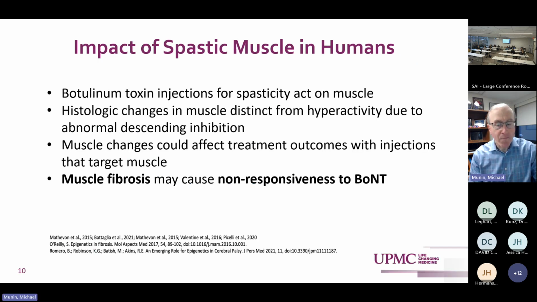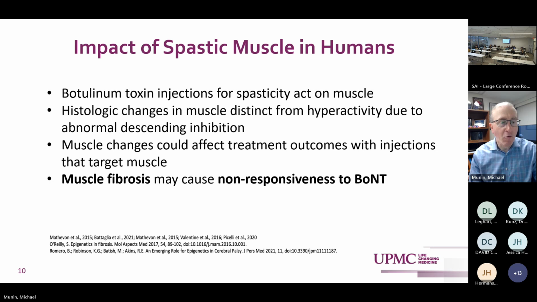So what is the impact then of spastic muscle in humans? We do a lot of treatment as podiatrists on this, and a lot of times we're doing botulinum toxin injections, which treat spasticity and act directly on the muscle. Remember, the histological changes occurring in muscle are distinct from the abnormal descending inhibition pathways that I showed in the earlier two slides.